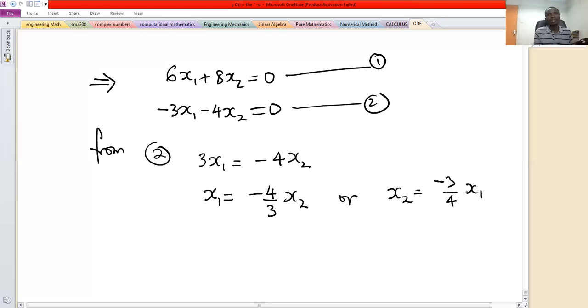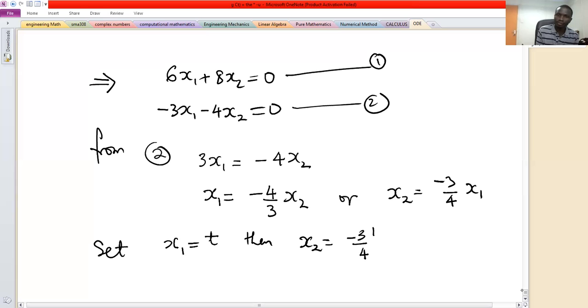So the same thing. Which means if we set x1 to be t, then x2 will be minus 3 over 4 t.